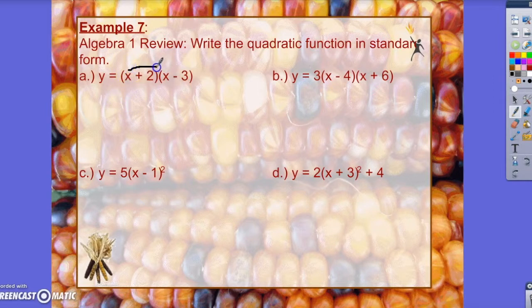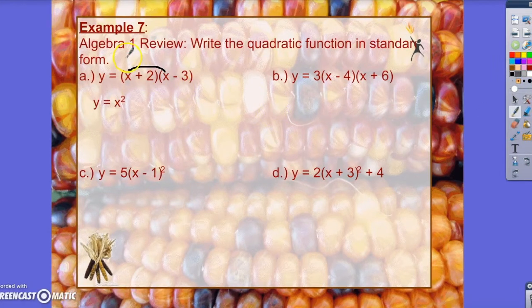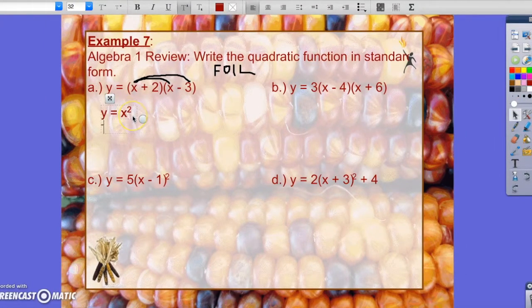So when I multiply, I start here. X times x is x squared. Then the next part, and maybe I should write this here, hope you remember FOIL. F stood for first, outer is next. X times negative 3 is negative 3x.